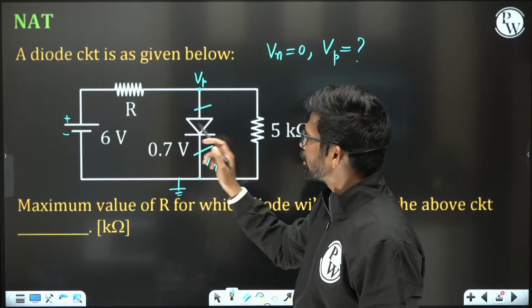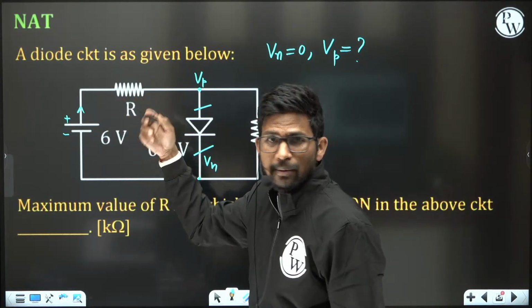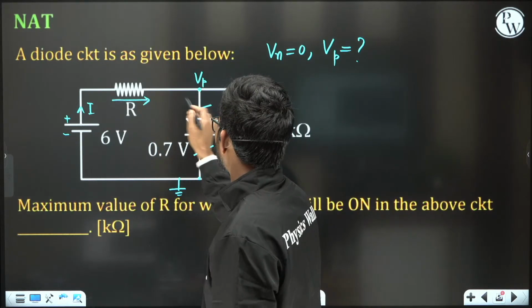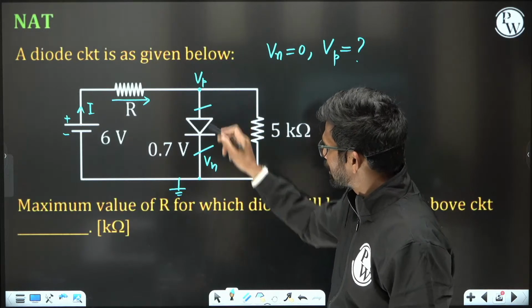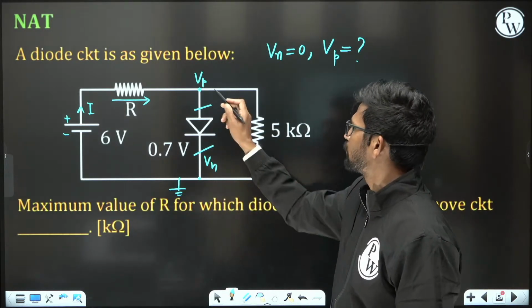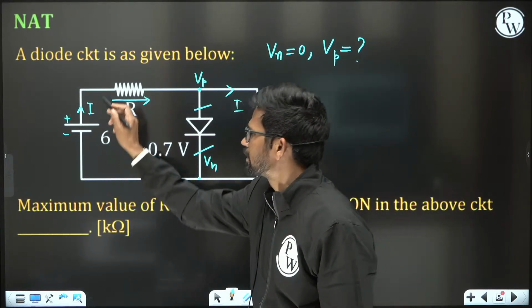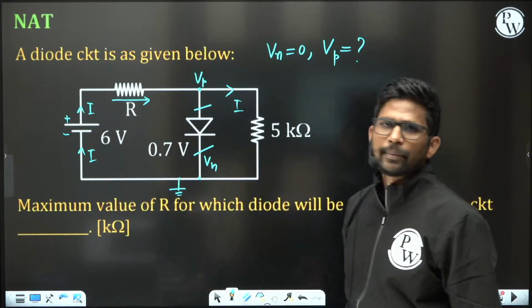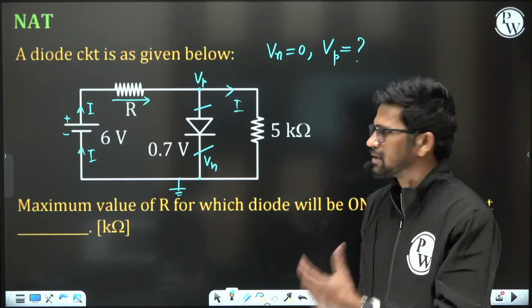Now as the diode is open circuited, the current I comes out from the positive terminal of the battery, travels through this R and comes to this node. Because this path is open circuited, the whole current I will flow through this 5 kilo ohm resistance and come back to the negative terminal of the battery. So this R and this 5 kilo ohm are in series.